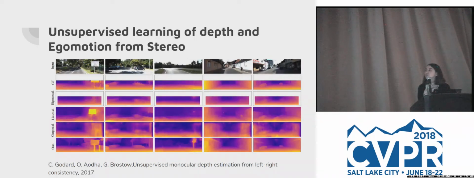And they showed very good quality results. If you can see at the bottom row, this is also a CVPR 2017 paper. And you can see that the results are much higher quality, and also they have uncovered very good 3D structure of the world. So this is also very interesting work.